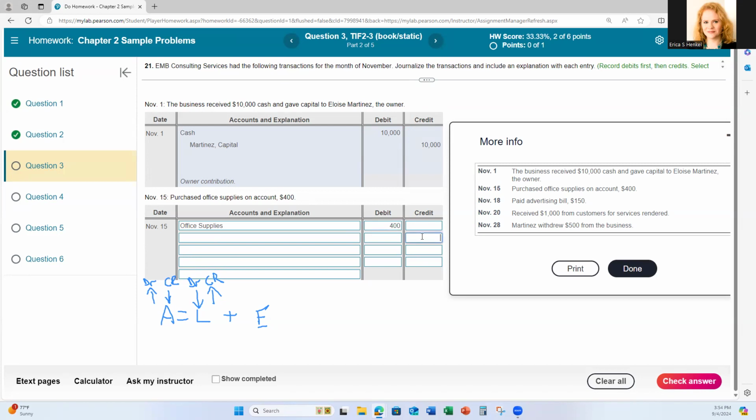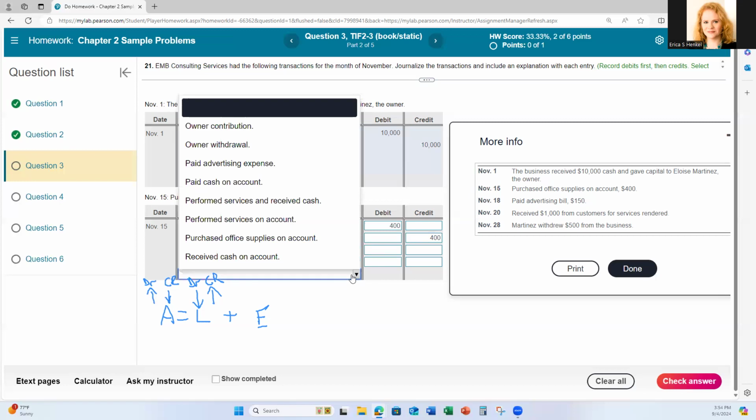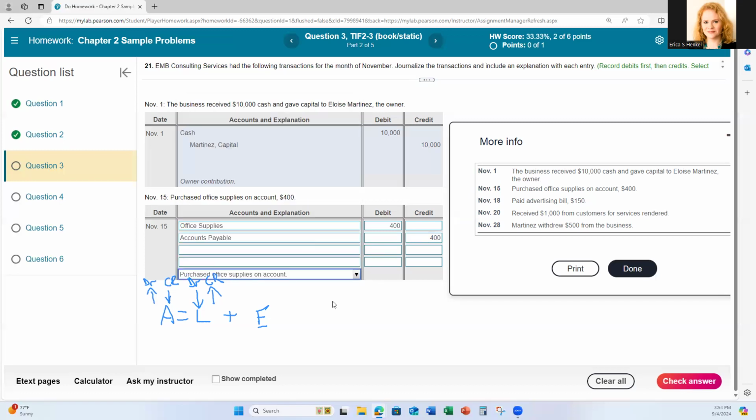And we know that we have to have equal debits and credits, so I'm just going to plug that 400 right there. And since we're buying something on account, we're not paying for it, so we owe somebody an account payable for that $400. And then we're going to record here, purchased office supplies on account.